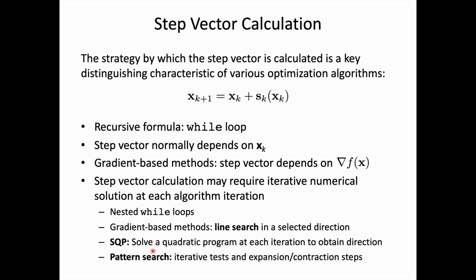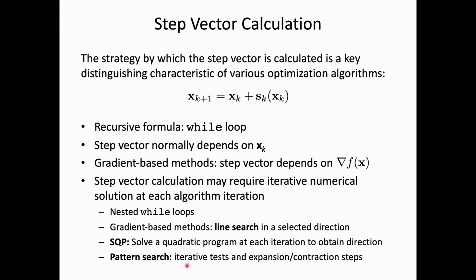Another method that you have a little bit of experience with now is called pattern search. This is a gradient-free method, and the way it works, at each outer loop iteration for the algorithm, we're going to have to do some testing. We're going to do some sampling of different types, and depending on what we learn during that sampling, we may go through some expansion or contraction steps.